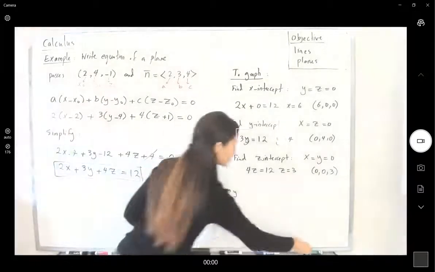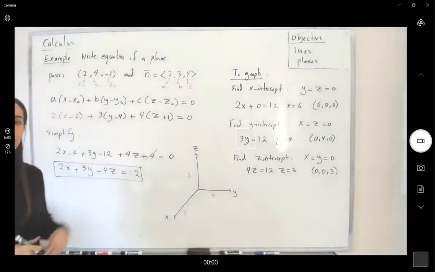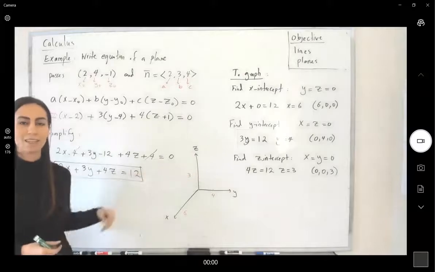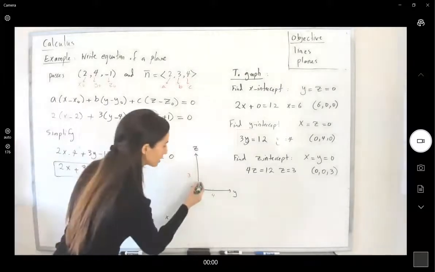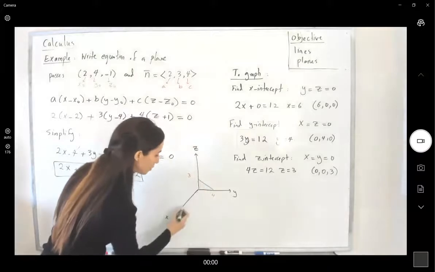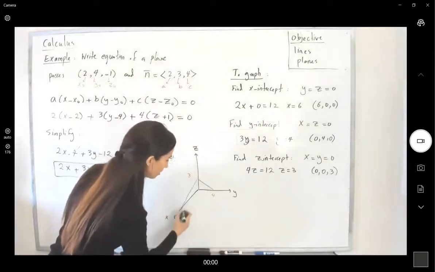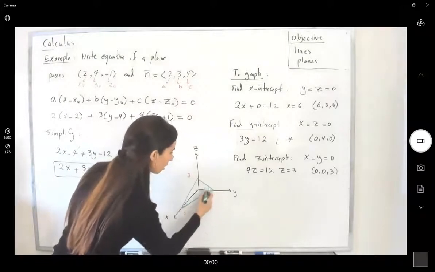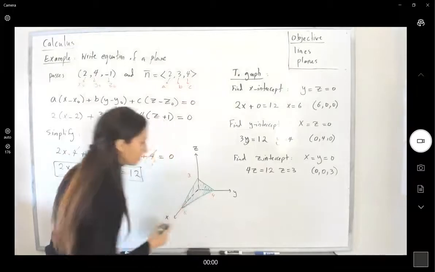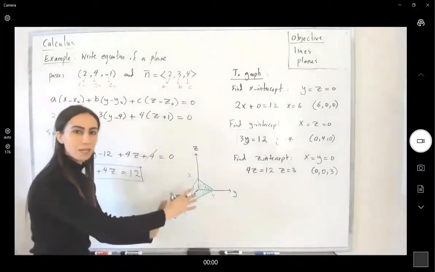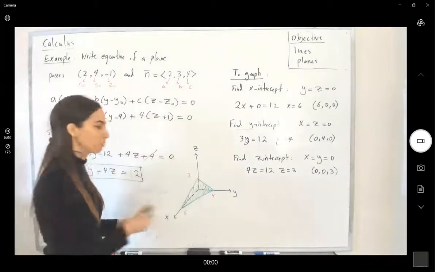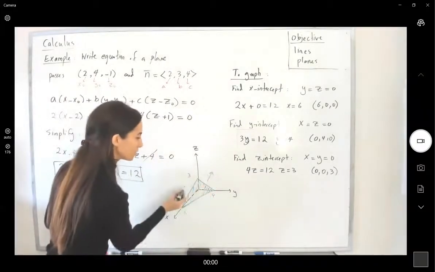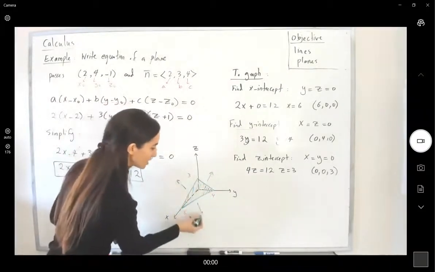So our graph intersects the x-axis, y-axis, and z-axis, and partially you can visualize it this way. Note that your plane continues on all sides. We're just looking at this partially to understand the behavior of this plane. Again, it continues on all sides.